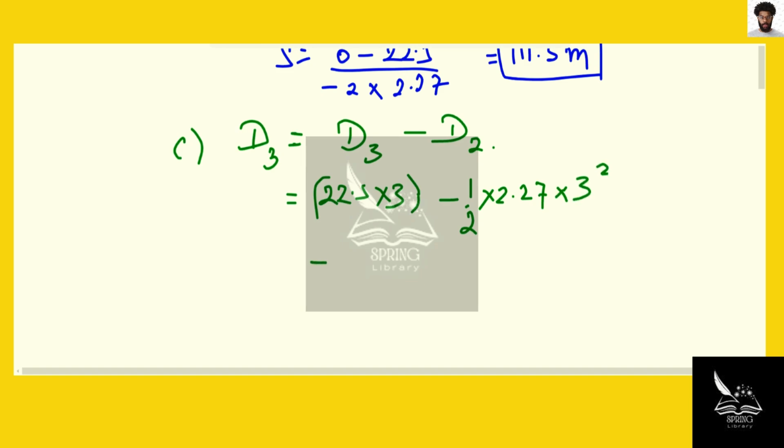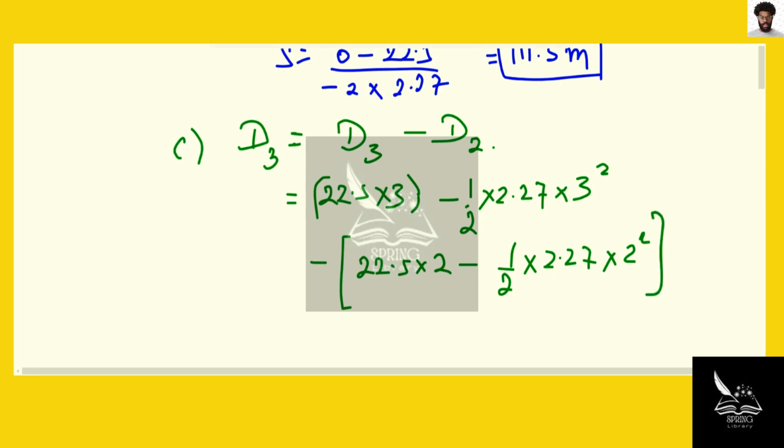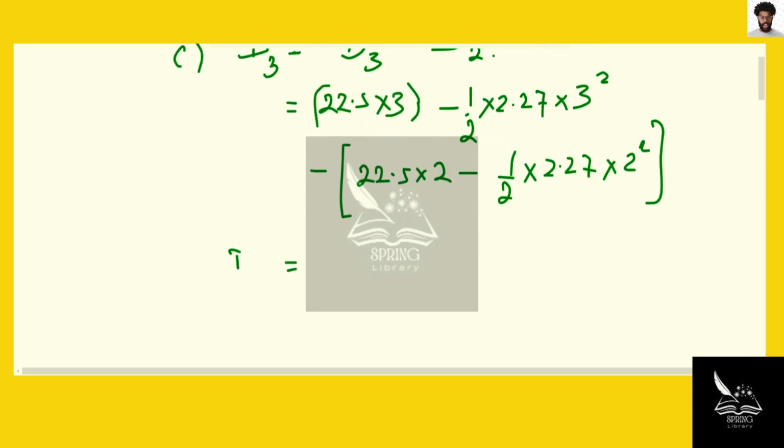And from this, we subtract the distance traveled in 2 seconds, that is 22.5 times 2 minus half of 2.27 times 2 squared. So we rearrange and get the distance traveled in the third second as 22.5 plus 2.27 by 2 times 2 squared minus 3 squared.